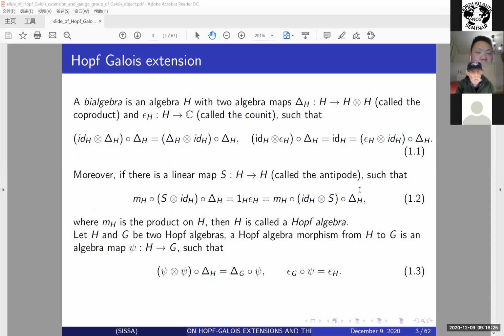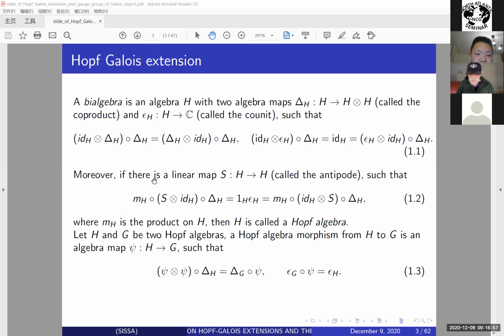Okay, so now let's start with some fundamental concepts. First, recall that a bialgebra is an algebra H together with two algebra maps: Δ_H from H to H tensor H, which is called the coproduct, and another algebra map ε_H from H to C, which is called the counit, such that it satisfies equation 1.1, the so-called coassociativity condition and counit condition.